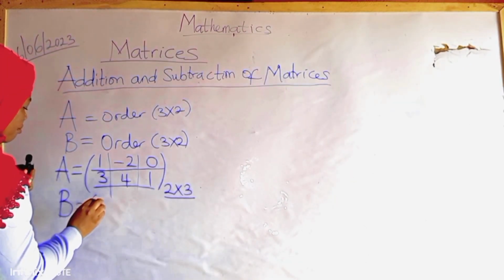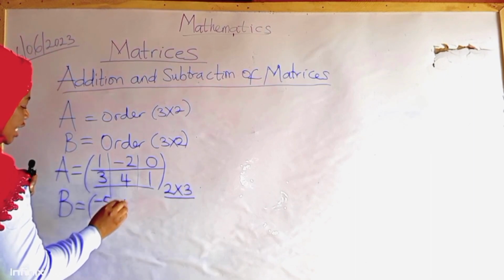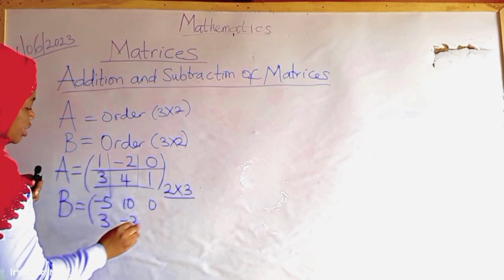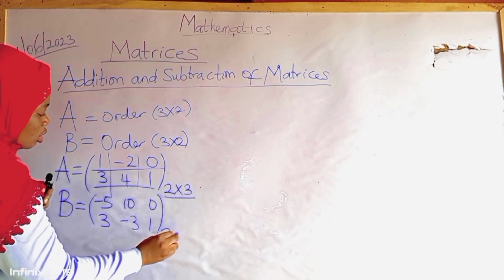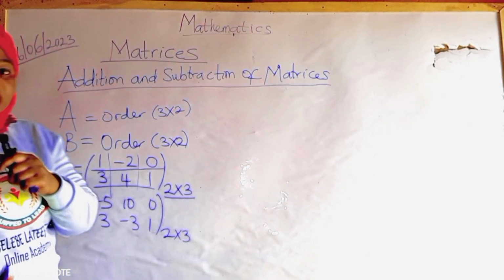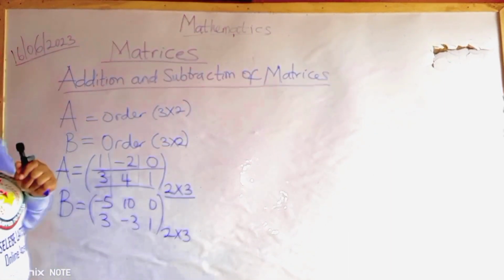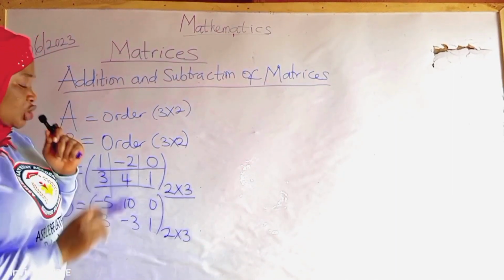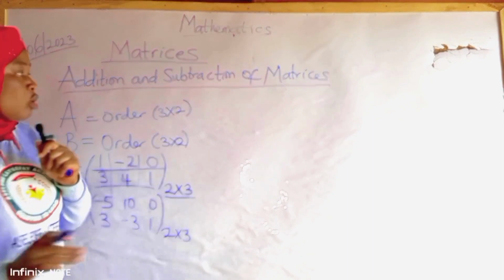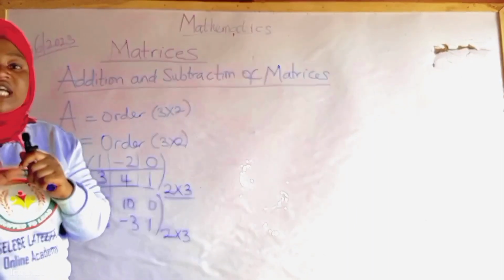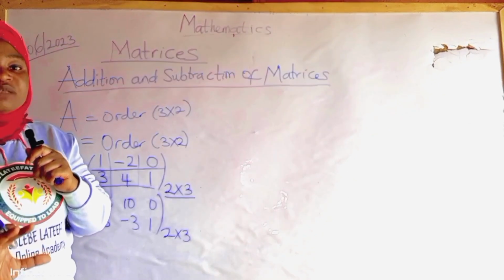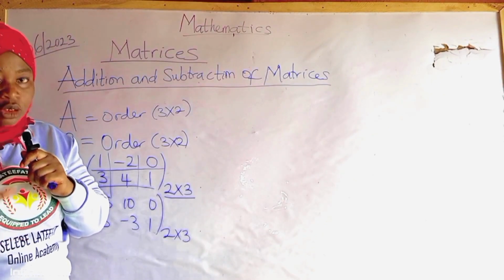So let's say I have minus 5, 10, 0, 3, minus 3, 1. So this is order 2 by 3 as well. If they are not of the same order, that means I cannot add them together. So that is the first thing you have to check if you want to perform addition or subtraction on any matrices: check their order. Are they of the same order? If they are, you can go ahead and add or subtract.